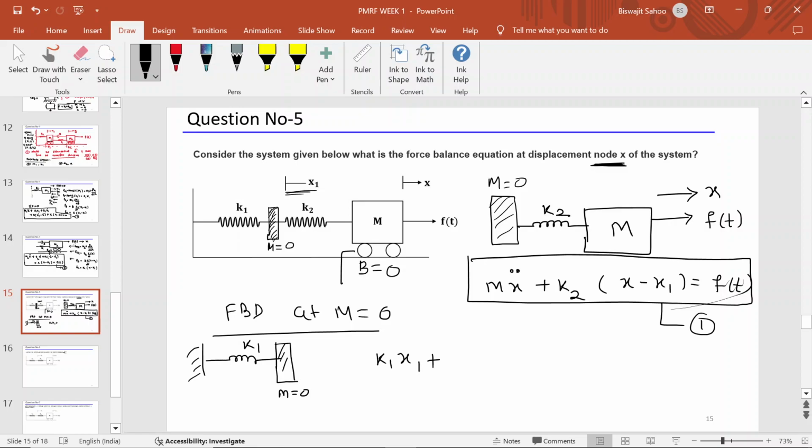Plus k2 into x1 minus the other body's displacement x. You are referring to this node as x, so the relative position would be x1 minus x, equal to 0, because there is no applied force on the virtual body. So that's why these are the two differential equations.